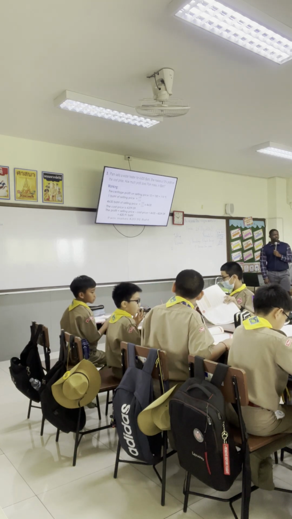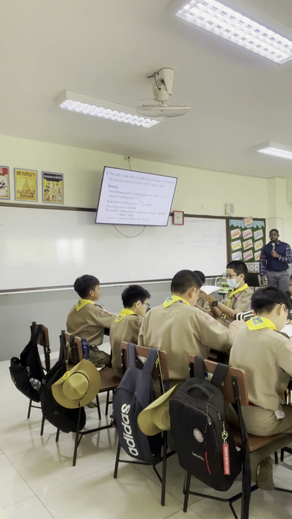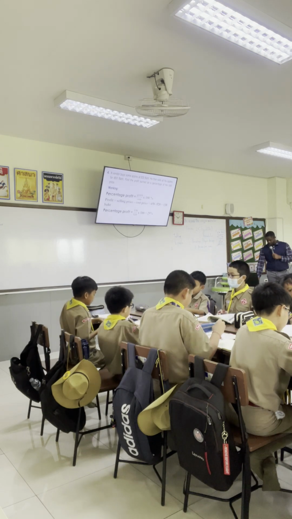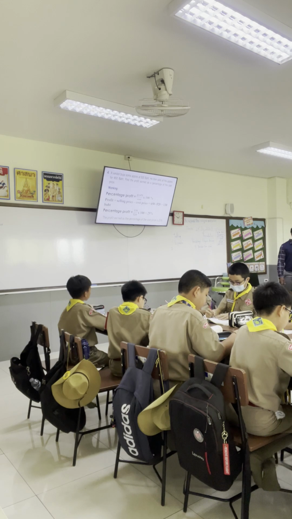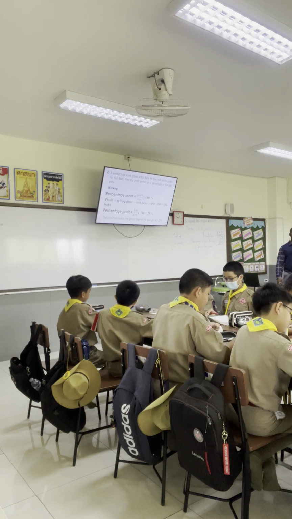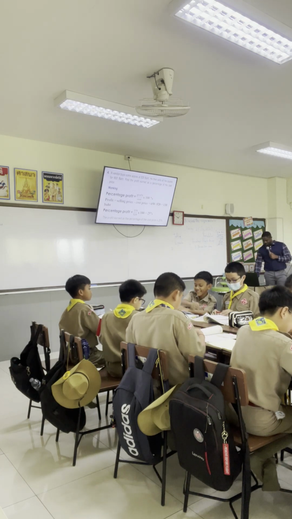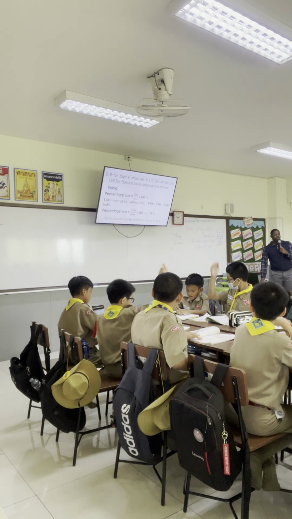Take number 3 first. I'll go back to number 1 for you. Finish number 3. Can we go to number 4? Number 4. Yes, I was correct. Okay. Alright. Number 5. Who got number 5?